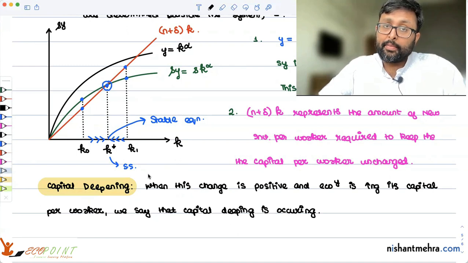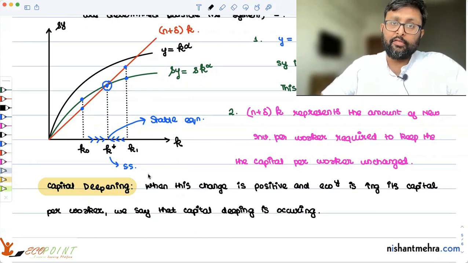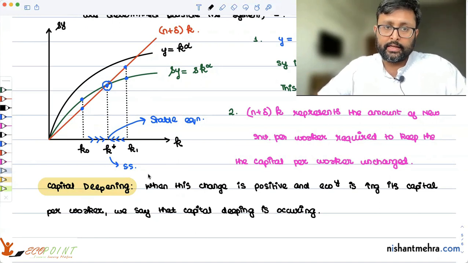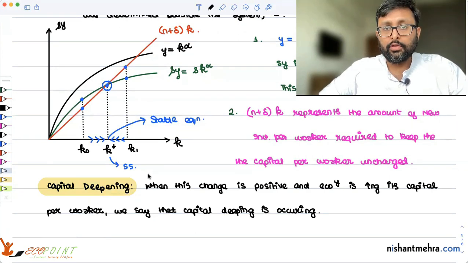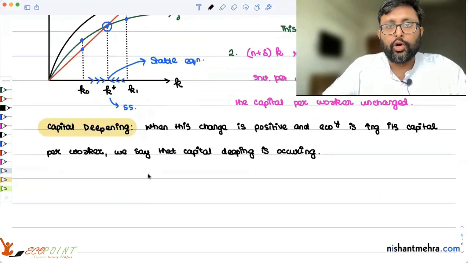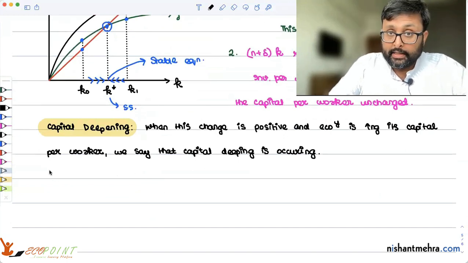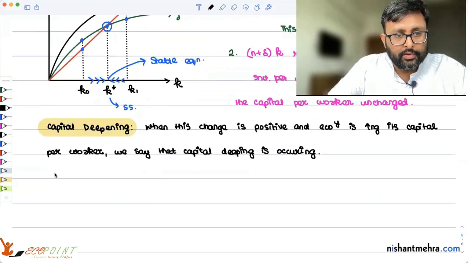When every worker has more machines with him, that is capital deepening. Capital widening is that yes, capital is increasing, but at the same time, the labor force is also increasing. So the number of machines per worker is not increasing, but the capital is increasing. So capital widening is this.